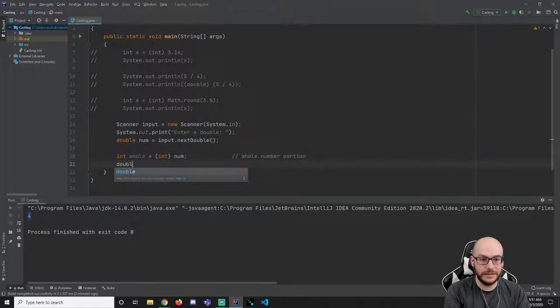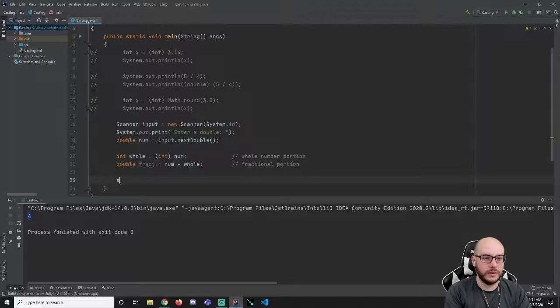I can then, after I've separated out the whole number portion, get the fractional part. Why don't we just call that fract? I'm going to take my original number and subtract out the whole number. The only thing that's left after I subtract out the whole number is the fractional part. So why don't we see that?